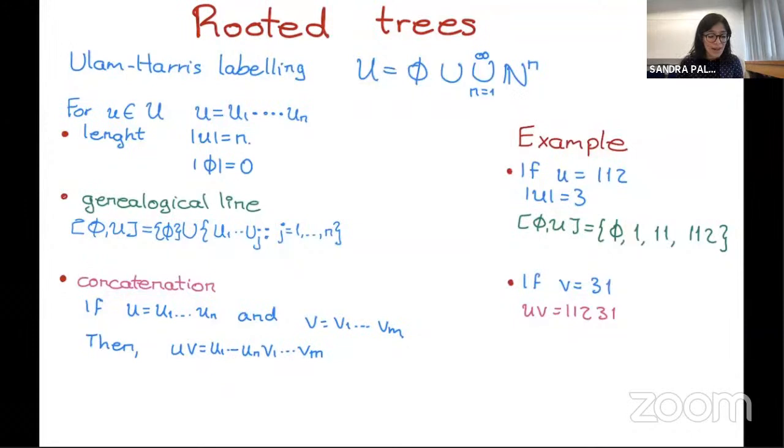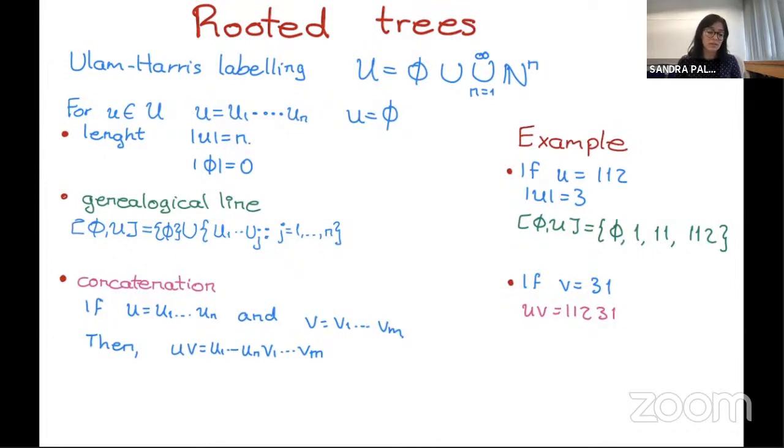So an element there can be the root, sorry, the empty set, or it can be a number sequence u1 up to un. So we are going to denote the length: if u has this form, the length will be n, how many numbers I have. If I have the empty set, its length will be 0.